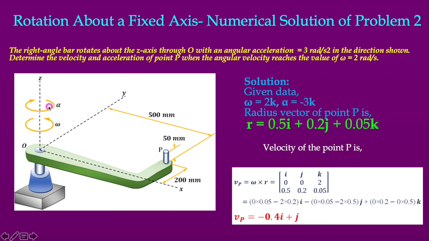You notice in the given problem that alpha is opposite to the direction of omega, and that's why this alpha is minus 3k.